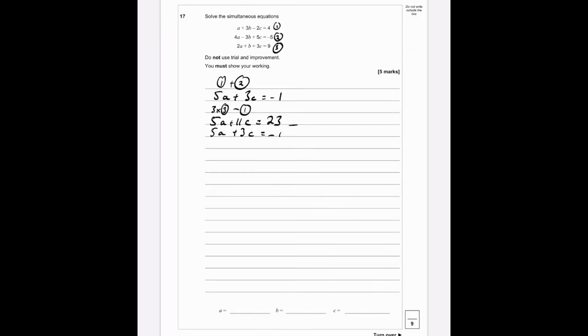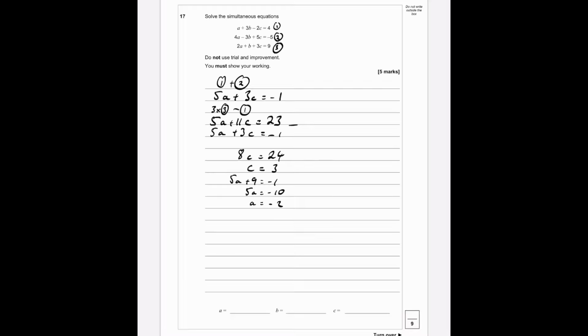I've added the first 2 equations together to eliminate the b's. And I've taken 3 lots of the third equation and subtracted the first equation to get another equation that eliminates the b's, and so therefore I've got 2 equations just involving a and c. I've cancelled the a's to find that c is equal to 3.